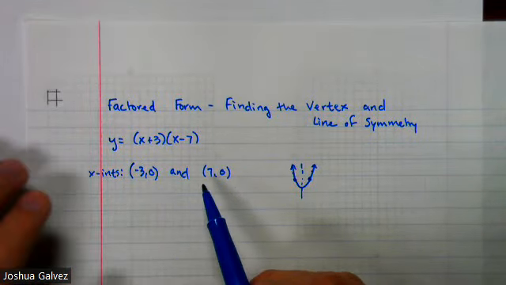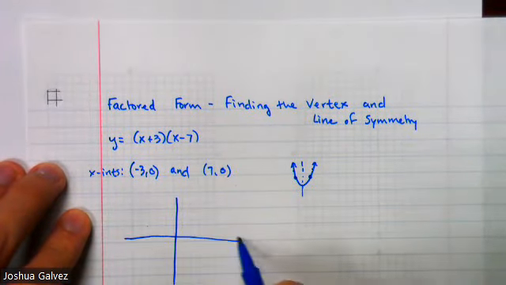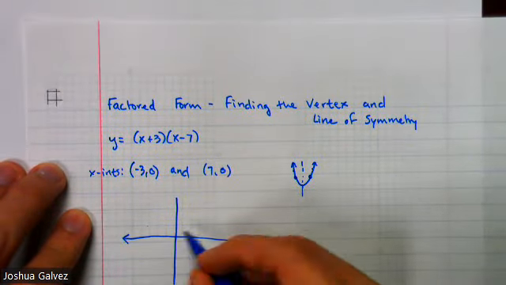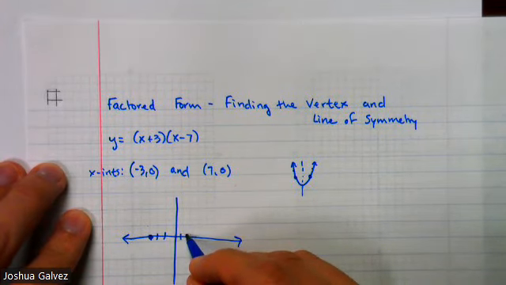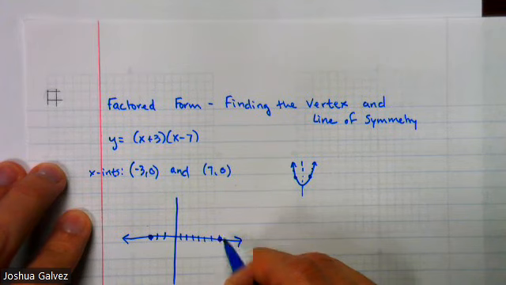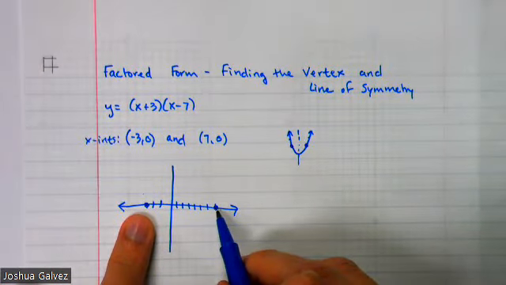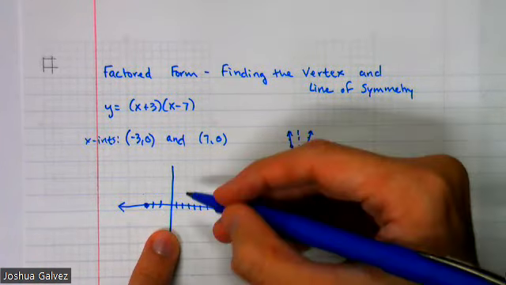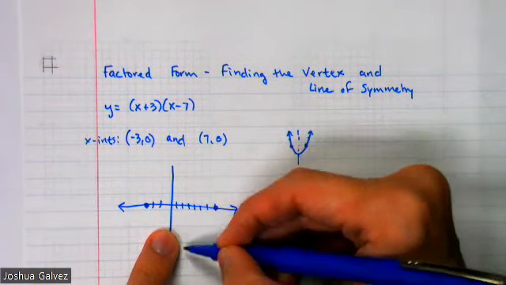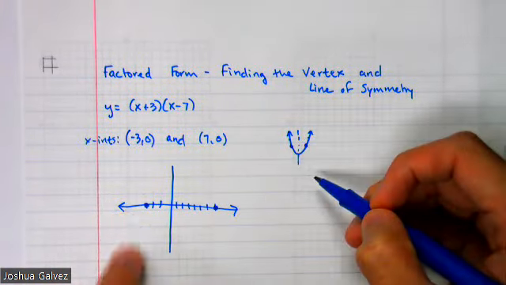So we can find where that middle is. (-3, 0) is over here, (7, 0) is over here. These are our x-intercepts. If we find the center, that's going to be the center for all the points, not just for these two points, because of the way parabolas are.